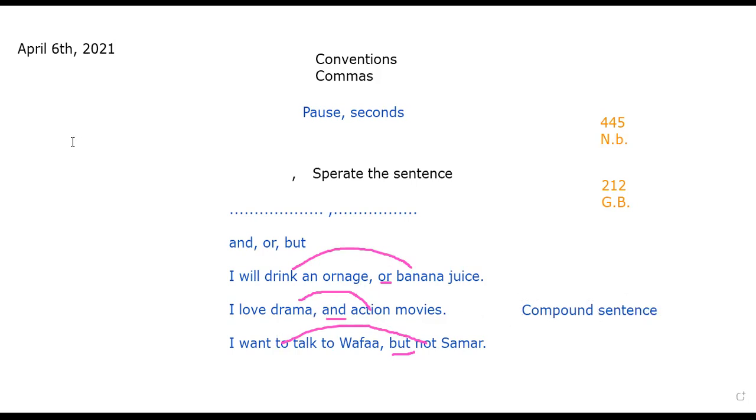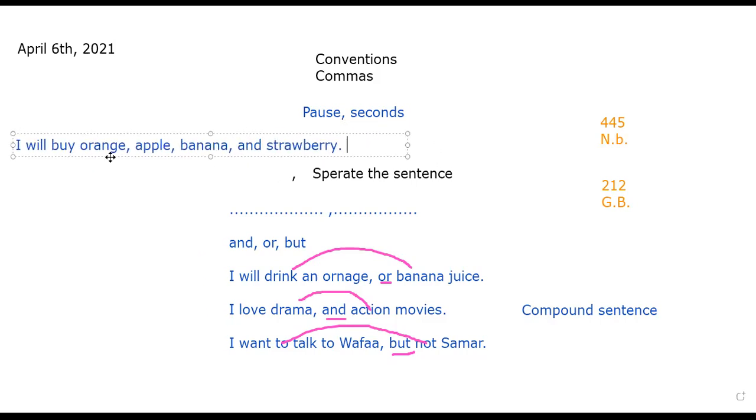This is one situation. Another situation is when you have a list. I will buy orange, apple, banana, and strawberry. So here I have a list. I want to go to the grocery and I want to buy these things.